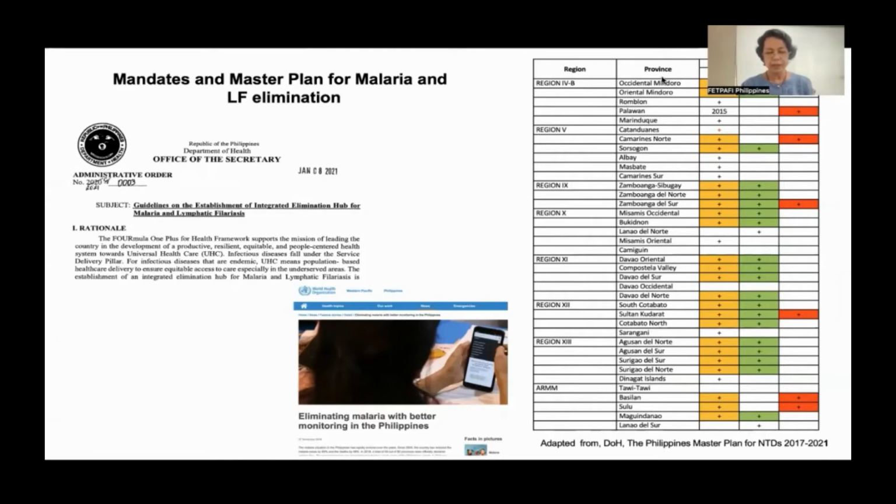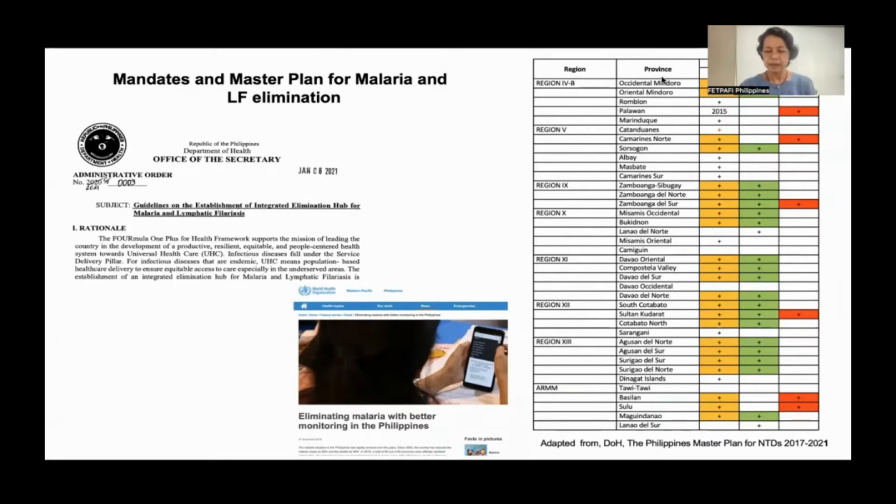The table on your right hand shows the provinces with these two diseases and where LF, schistosomiasis, malaria, and other diseases are targeted for 2030 elimination.